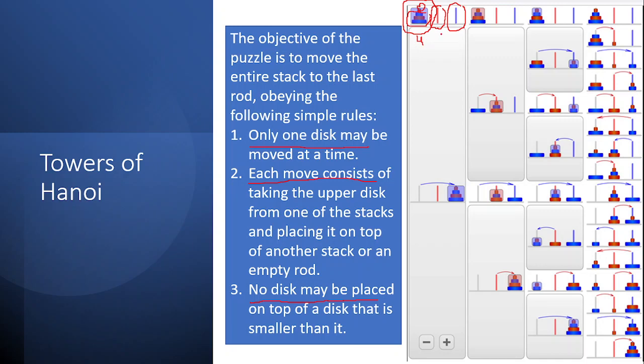So the first thing that you need to do is, what do you need to do? You need to move 3 disks here. Okay? The bottom 3 disks. You need to move the bottom 3 disks here, and then the top one should be moved here. And once you do that, then you can move this disk that you have moved here to the destination.